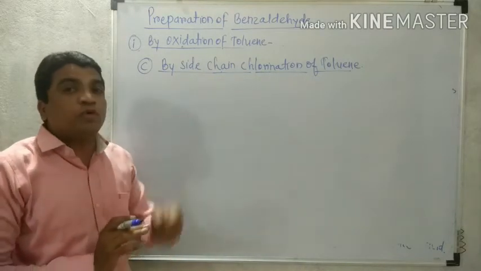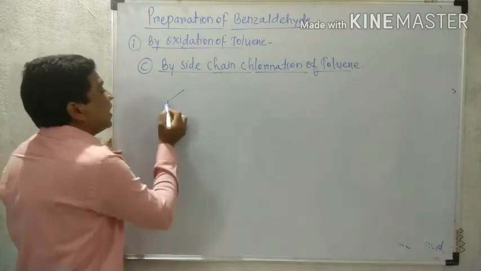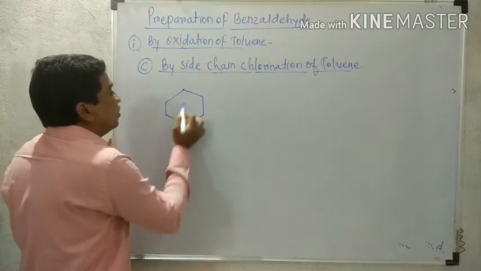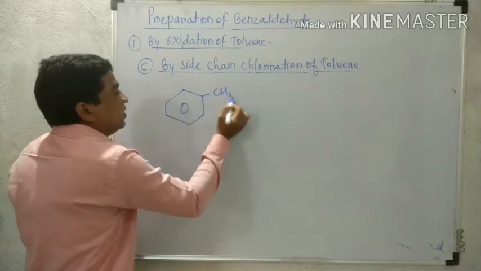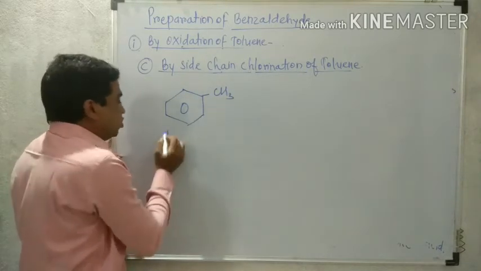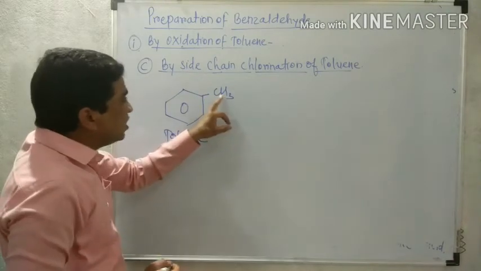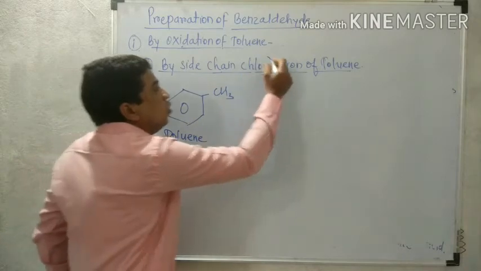But which part of toluene undergoes chlorination? The side chain. Which is the side chain present in toluene? That is CH3. CH3 is the side chain present in the structure of toluene, so that side chain undergoes chlorination.